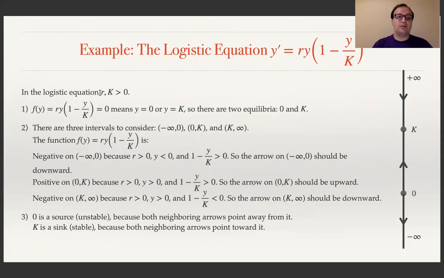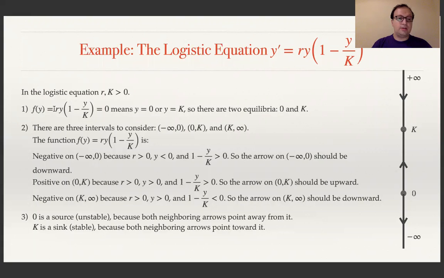And in the logistic equation, r and k are positive numbers because r corresponds to some growth rate and k is the carrying capacity of the environment. Both logically should be positive numbers. The first step is we try to identify the equilibria for the logistic equation. So we solve the equation ry times 1 minus y over k is equal to 0.